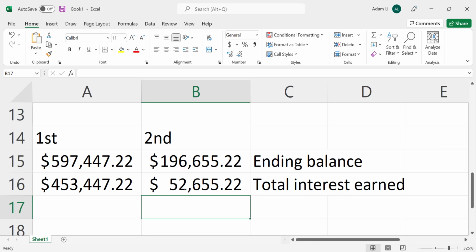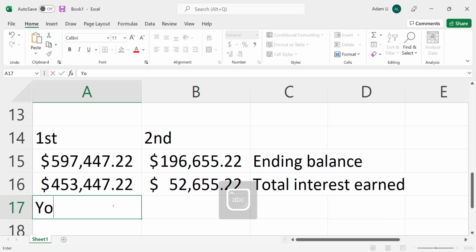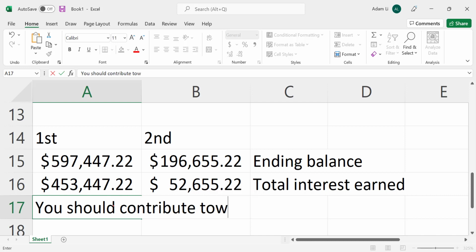less, right? So the indication here is you should contribute towards your retirement account as early as possible.